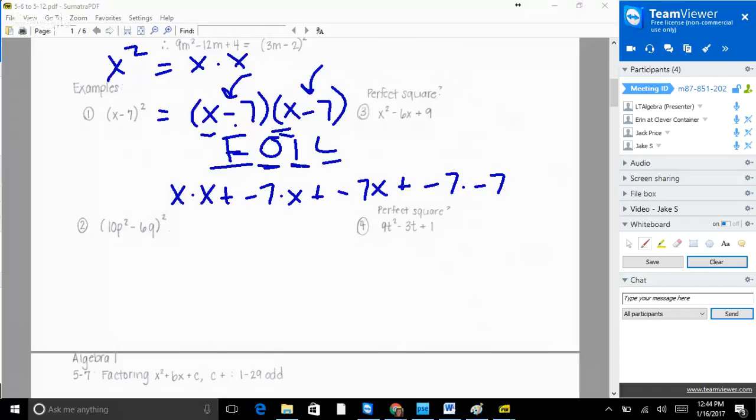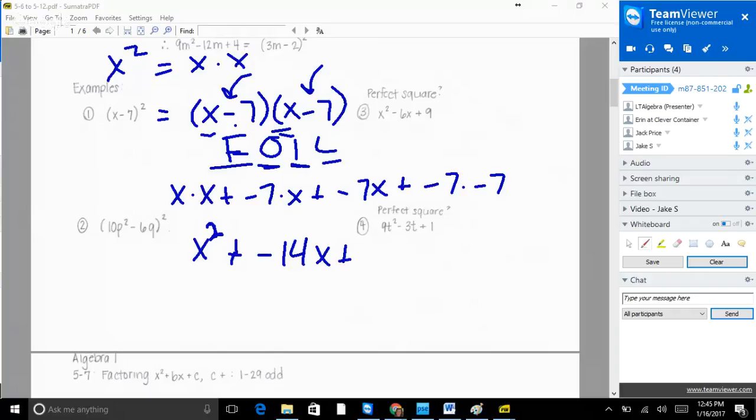Okay, so now I've got to do some simplifying. X times x, like I think Jake, you said, is going to be x squared, right? It's going to have an exponent of 2. And my 2 is terrible. I'm trying to write it on there. There we go. X squared. Yep, -14x.